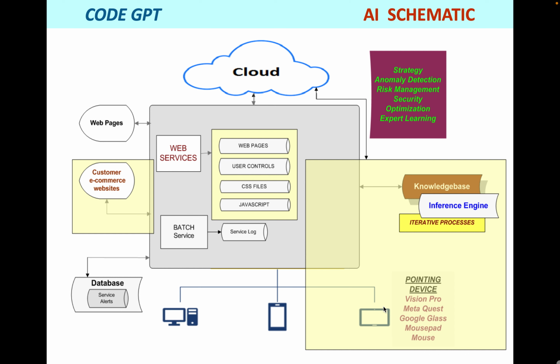We also include the pointing devices that include the newer devices like Vision Pro, the Meta Quest, Google Glass, etc. We also show e-commerce. That e-commerce is set up and designed to facilitate the processing of transaction interfaces from outside sources.